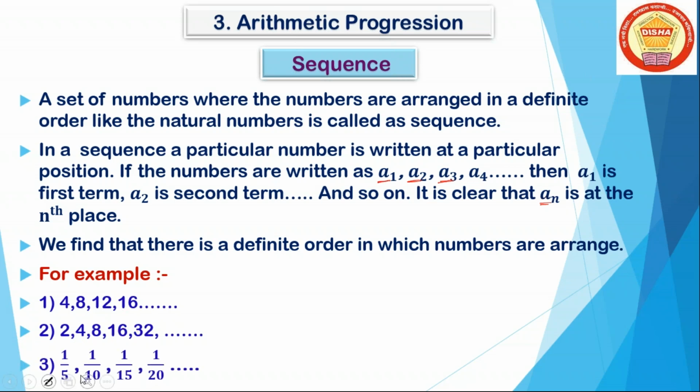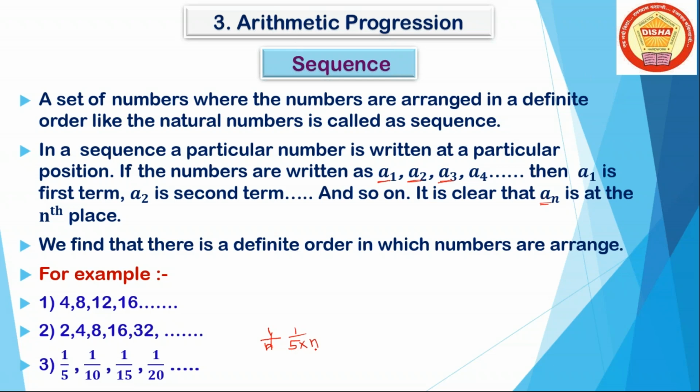The next one is given here: 1 upon 5, 1 upon 10, 1 upon 15 and 1 upon 20. Again we conclude what the sequence is here. 5 twos are 10, 5 threes are 15, 5 fours are 20. We write this in the form of 1 upon 5 into n.